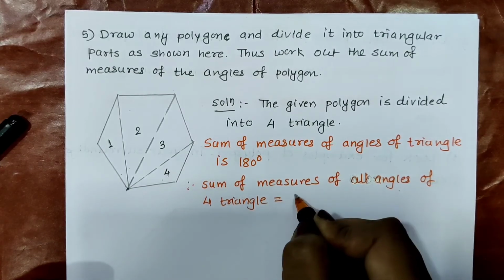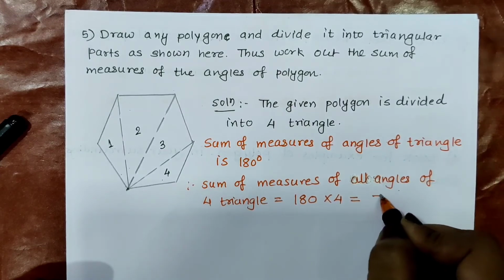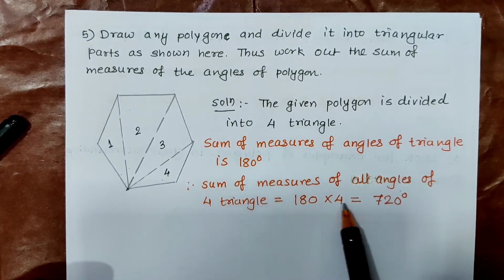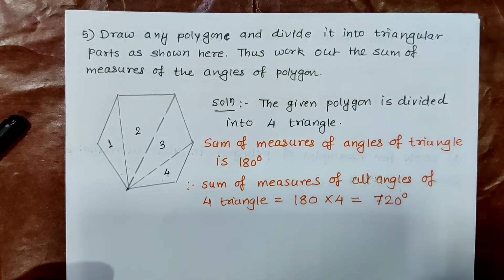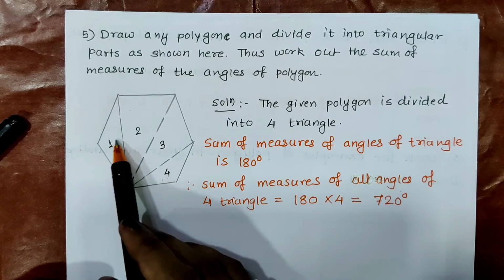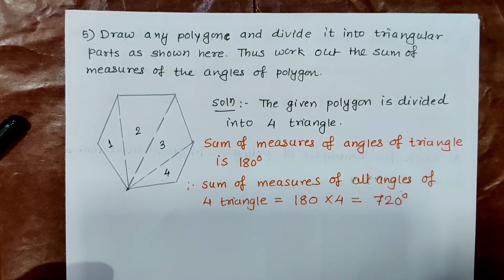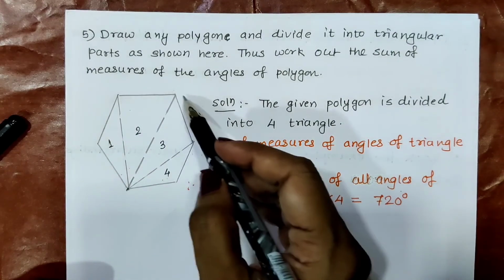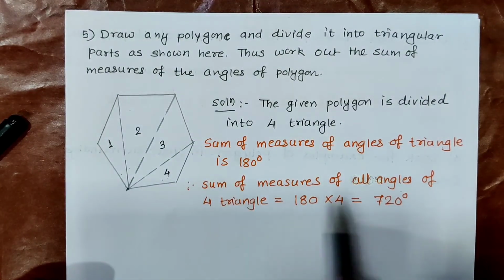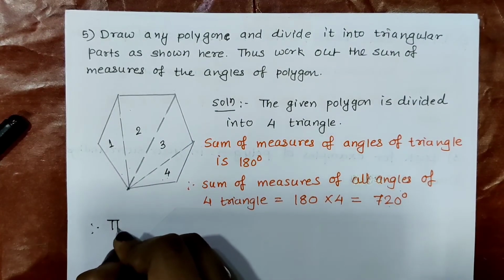What will be answer? 180 multiplied by 4. 180 multiplied by 4 is 720, correct? 18 4s are 72 and this 0, 720 degrees. So sum of measure of all three angles of all four triangles is 720. That means sum of measure of these angles of this polygon, this complete polygon, is how much? 720 degree.